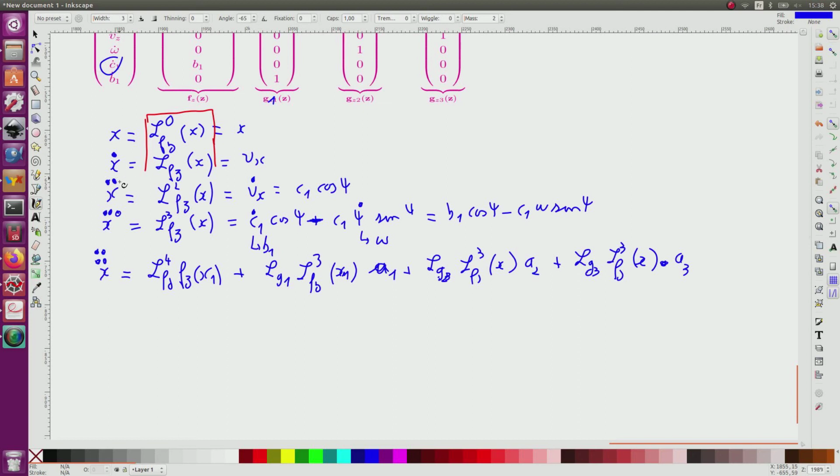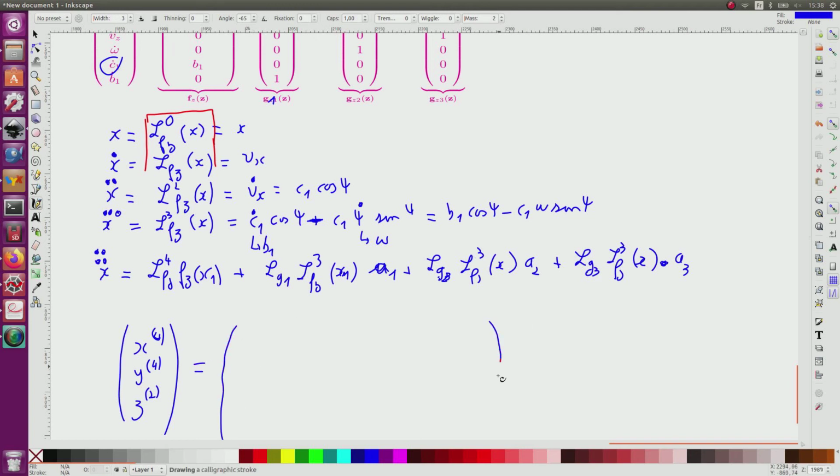For all x, x dot, and so on, I will obtain something like this. For the derivatives, I will probably write it like this: x differentiated 4 times, y 4 times, z I derive twice, and this corresponds to a matrix.